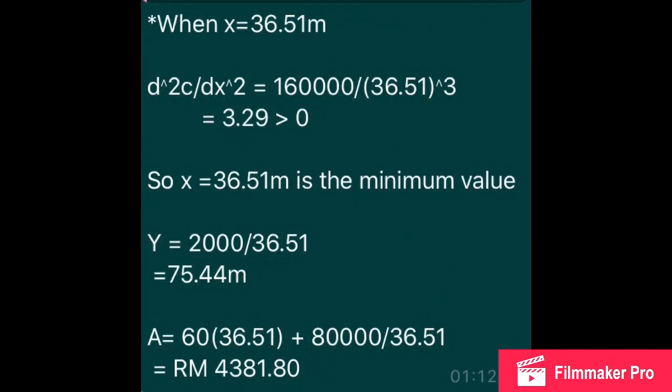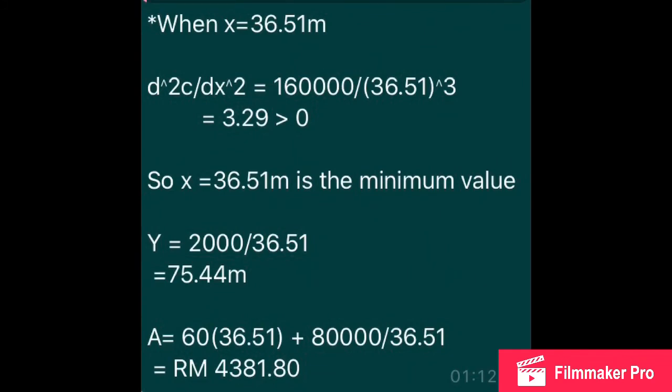Next, we put x equals 36.51 meter in the first equation that we got, that is y equals 2000 divided by 36.51. So the answer will be 75.44 meter.